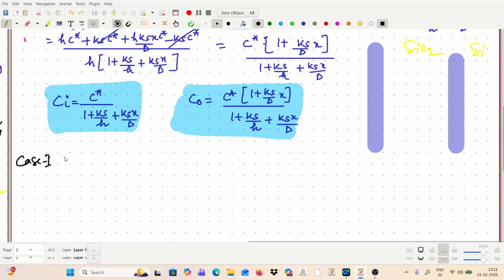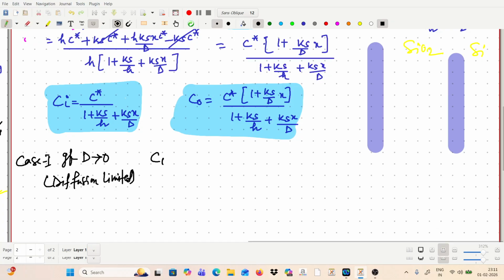Case 1, when diffusion is limited, D tends to 0. So this value will be 0, so it should be infinity.